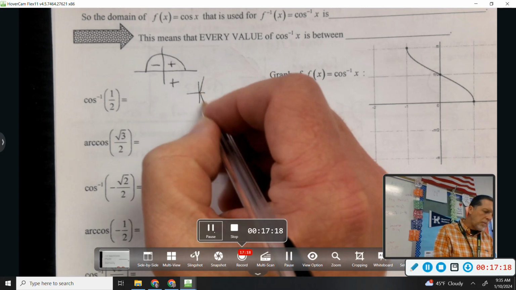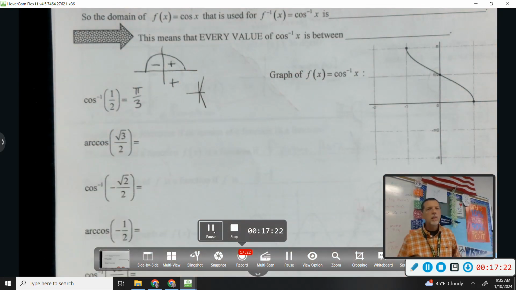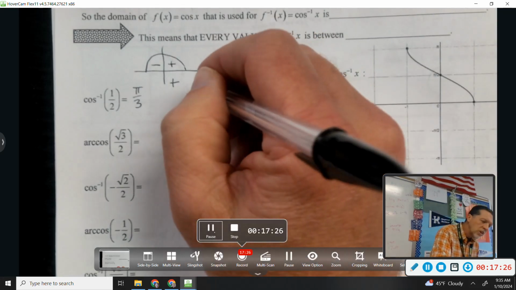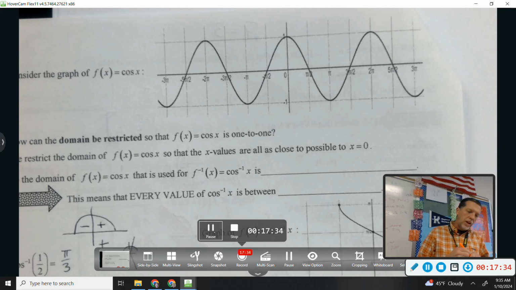Pi over 3. Also negative pi over 3 or 5 pi over 3, but those aren't in my restricted domain. I'm only allowed to look from 0 to pi. Maybe we should have peeked under the hood a little bit.